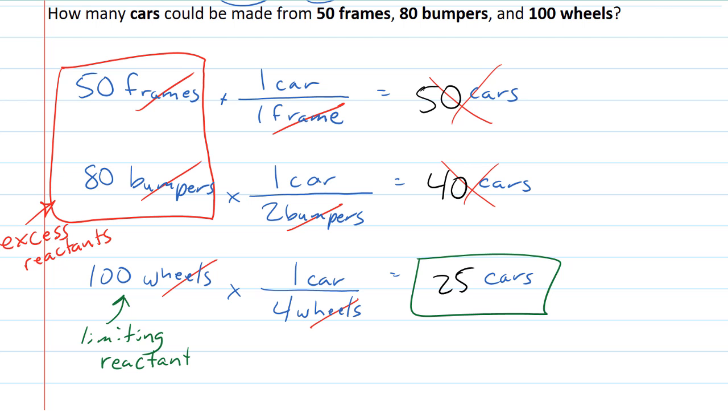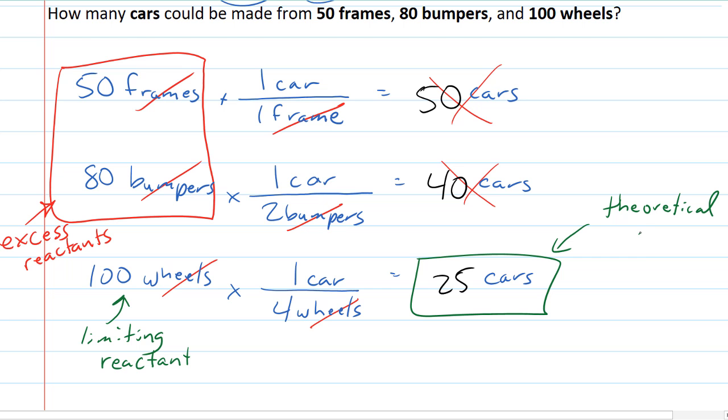This value out here we refer to as the theoretical yield. And the theoretical yield is the maximum amount of product that can be made when all of the limiting reactant is turned into product.